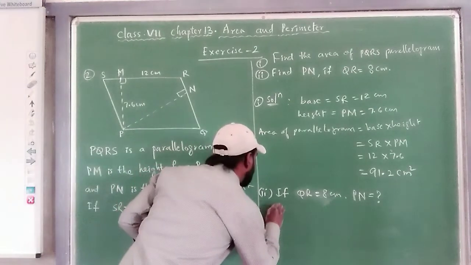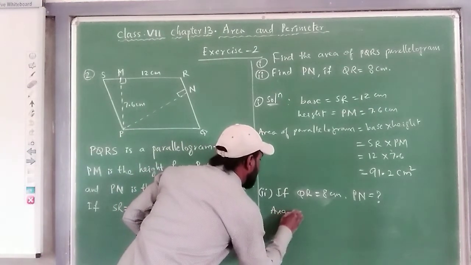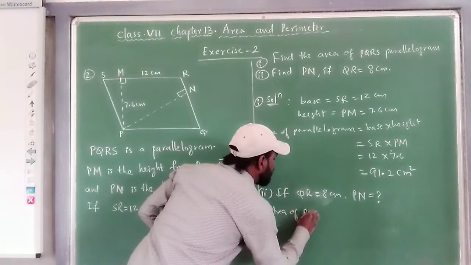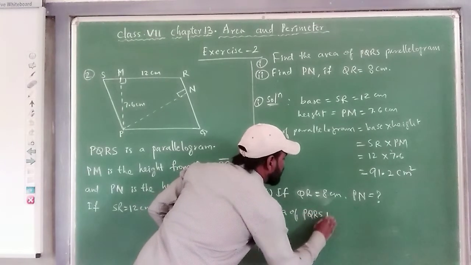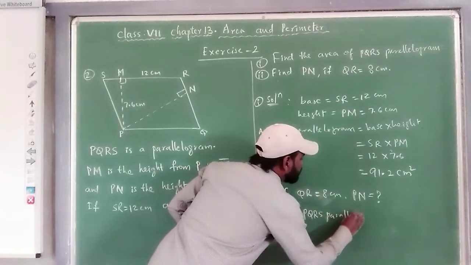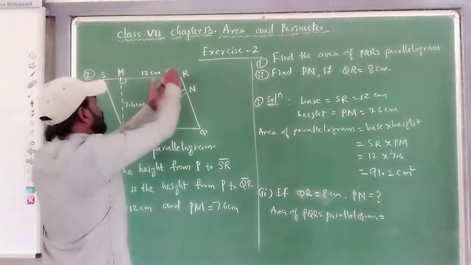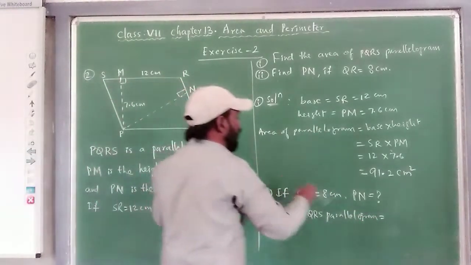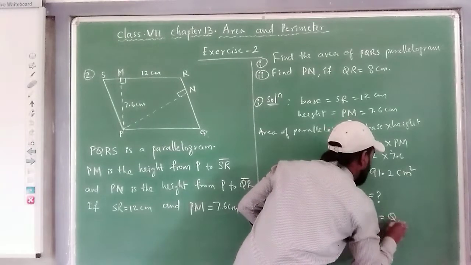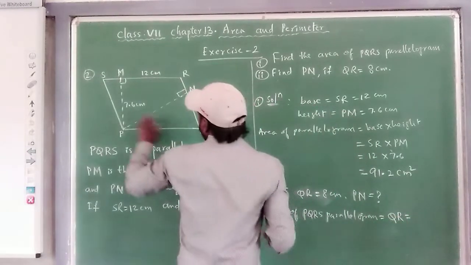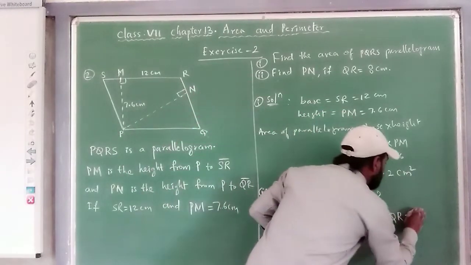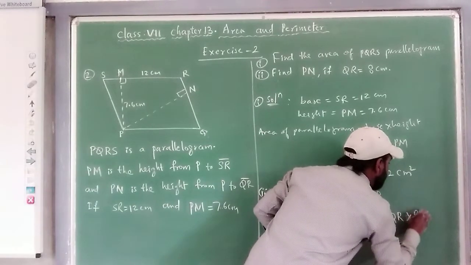So area of parallelogram PQRS, same basic, right? But this time I will consider this QR as base. QR into height PN. So height PN.